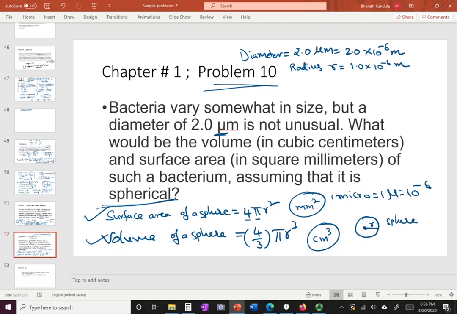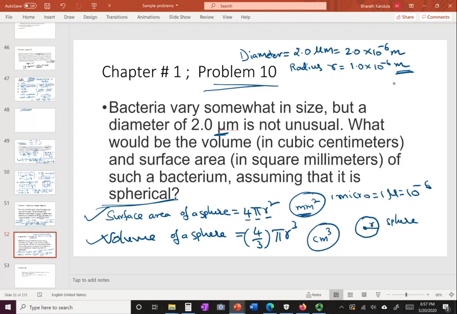Now do the calculation here. So 4 times pi times r value, which is 1 micrometer, but careful here, we need to write the value in millimeter squares. You can convert this into millimeters and substitute in this formula, or you can just calculate the whole value and then finally convert the value into millimeter square.